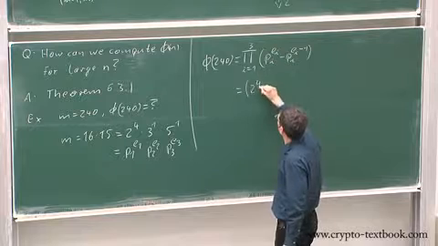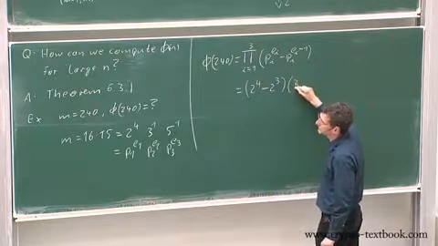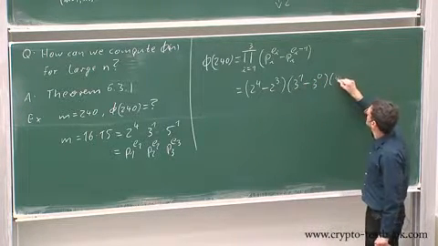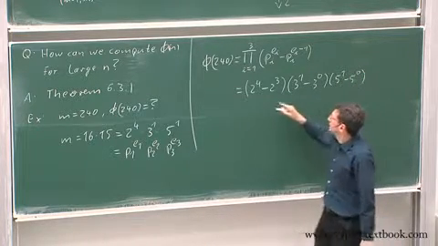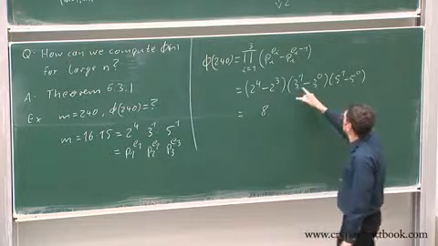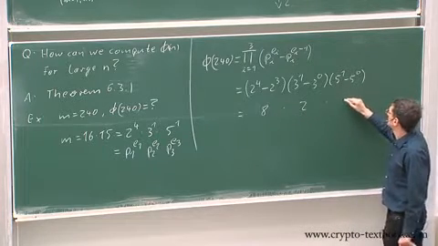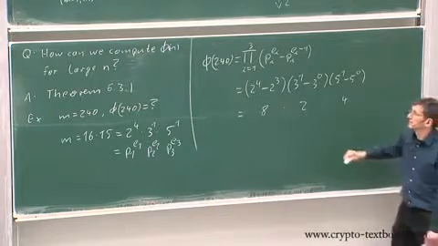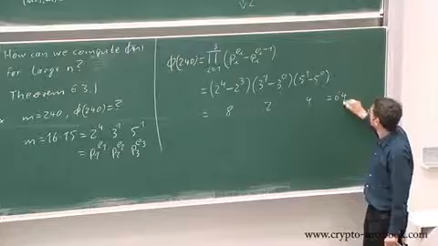So this is 2 to the 4 minus 2 to the 3, times 3 to the 1 minus 3 to the 0, times 5 to the 1 minus 5 to the 0. That is 16 minus 8 is 8. 3 minus 1 is 2. And 5 minus 1 is 4. Is that right? Yes. So this is 2 times 4 is 8. 8 times 8 is 64. Okay?